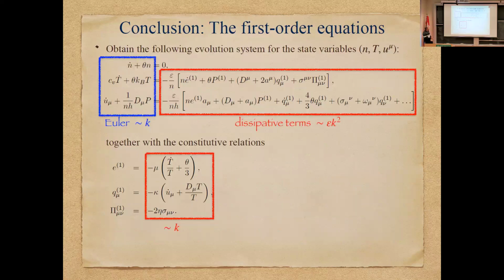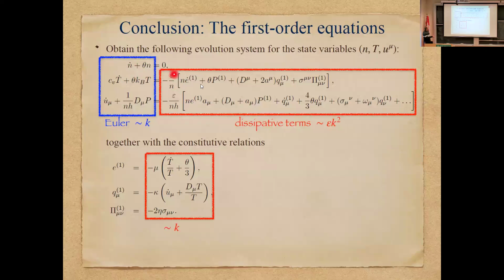Okay, and so the conclusion of today's lecture: the first order equations we get, here I wrote them again. You have the Euler part here, which is first order in the gradient, so that's why I put it proportional to the wave vector k, say.